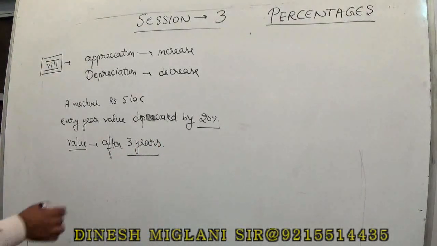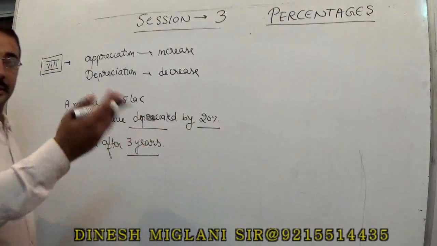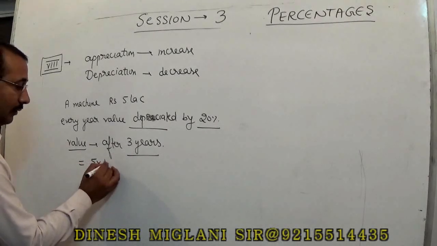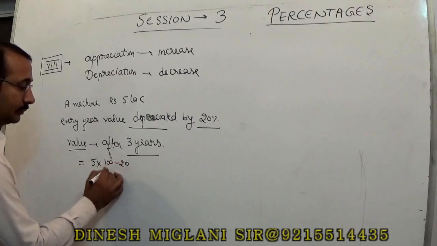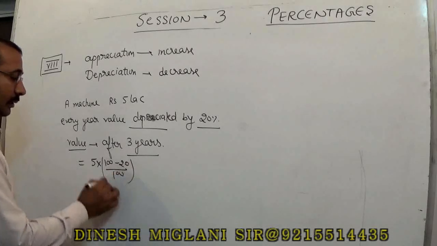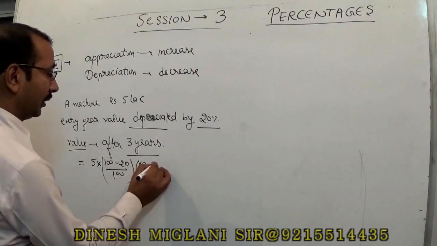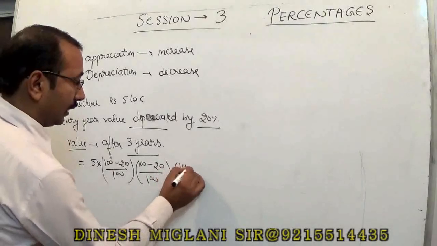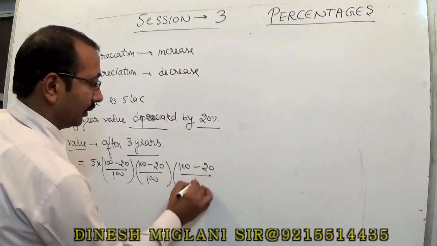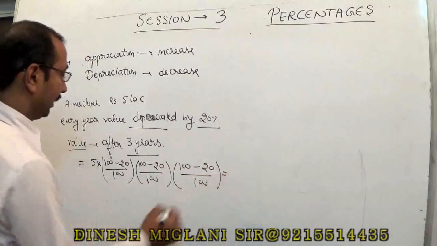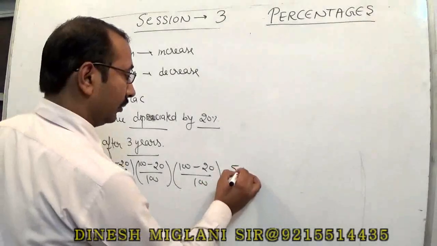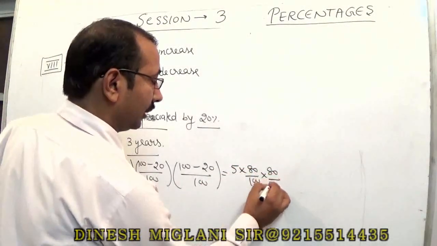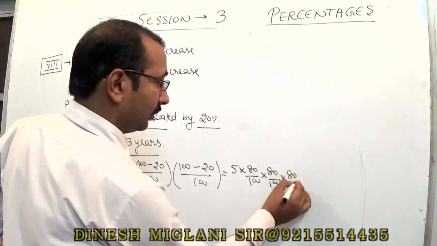Depreciated simply means decrease. So I will take 5 lakh, and for the first year 100 minus 20 upon 100, for the second year also 100 minus 20 upon 100, and for the third year also 100 minus 20 upon 100. So 5 into 80 upon 100 into 80 upon 100 into 80 upon 100.